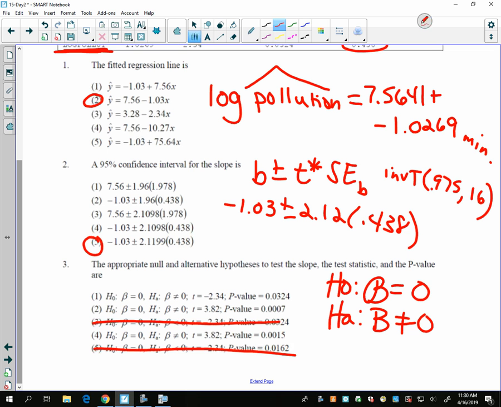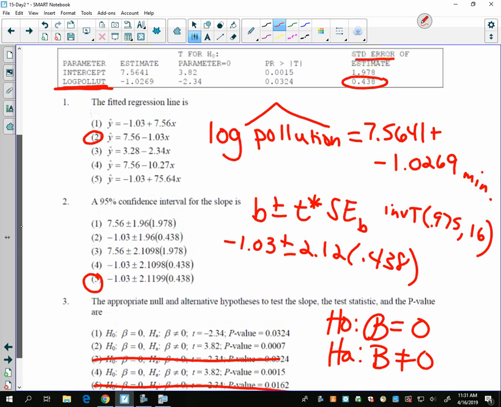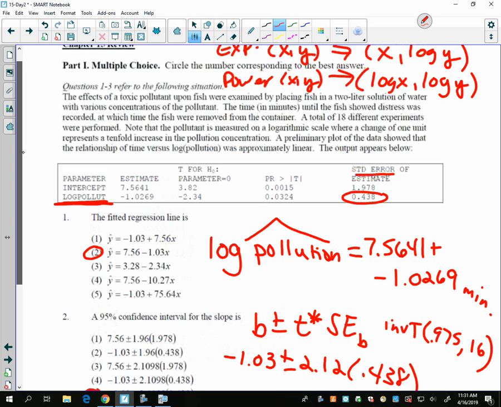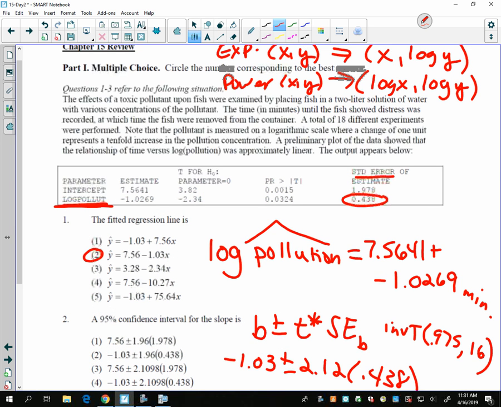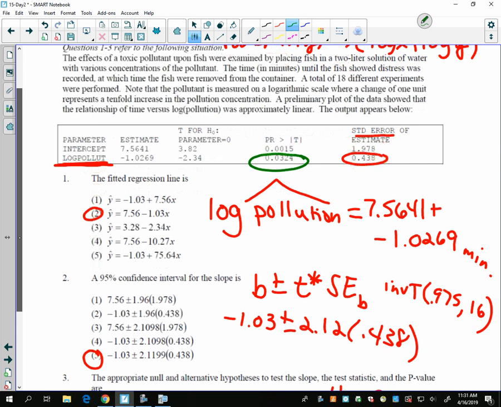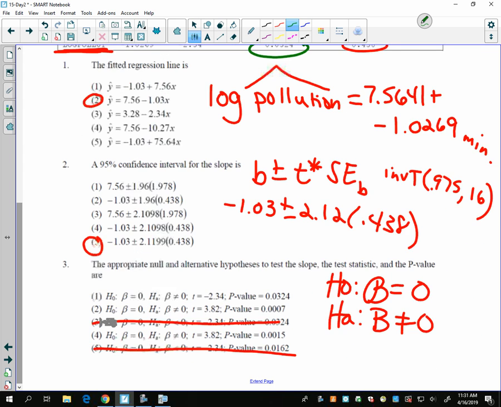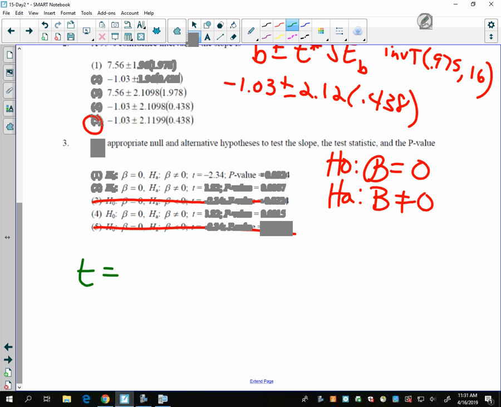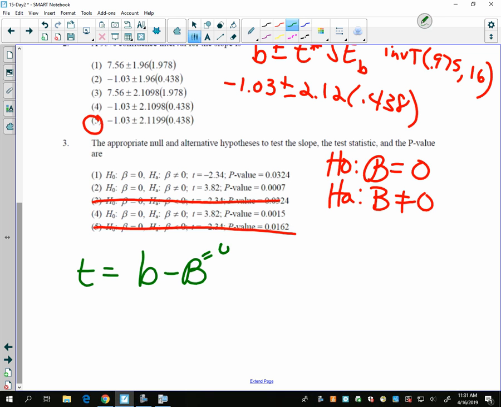All right. So now your test statistic, where's my test statistic? That's your test statistic right here. Now you can test your test statistic, to see if it's actually what it is. Okay, I'll show you. So your test statistic is t equals b minus b naught, and in this case b naught is 0, so I don't even show it, over the standard error of the slope.